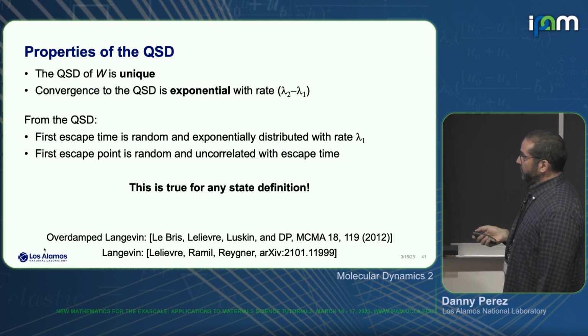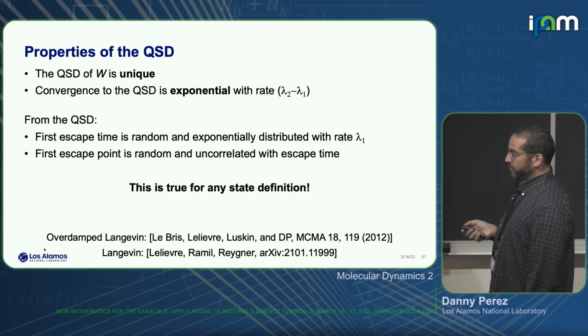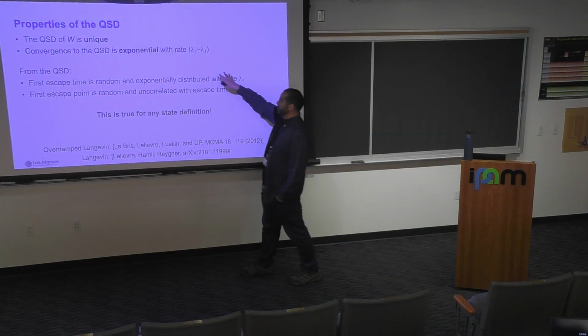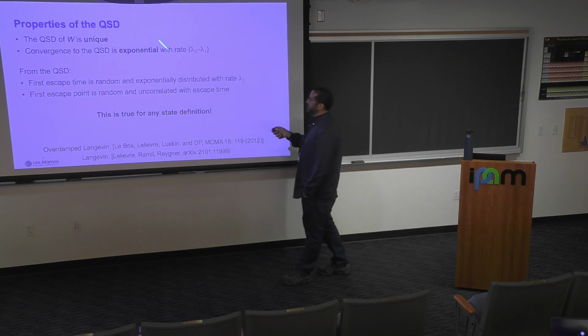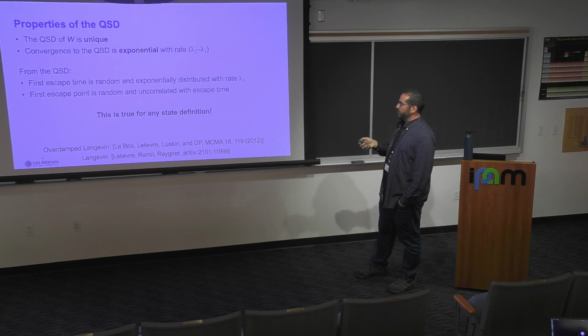And the other key is that you converge to this distribution exponentially fast, with a rate that you can formally write down. This is related to what we call the spectral gap of the generator of the dynamics. Basically, this is something like the relaxation rate inside of the state.